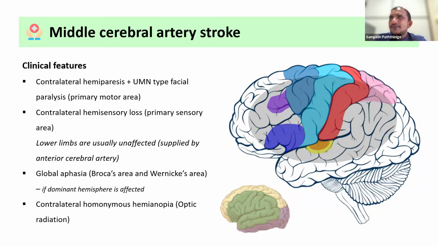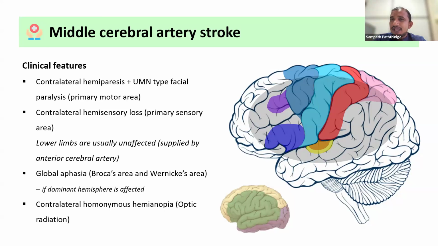Clinoid branches are not very important in supplying the cerebral cortex as such. The sphenoidal branches are the same, right? So they do not have much effect. The main two branches are the superior and inferior branch, but depending on the clinical history given in this question, it is mainly about the weakness of the arm and the face.